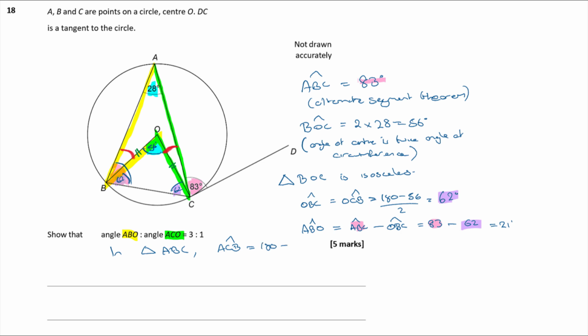So it's going to be 180 minus ABC, which I've already found, and the other one, which is BAC, isn't it?